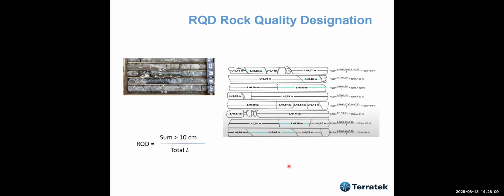And also what we do when you get the rock samples, you put them in a box like this. Usually these boxes are plastic ones. In the past, they were all wooden boxes.